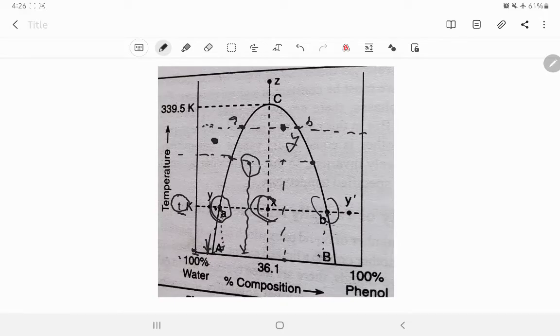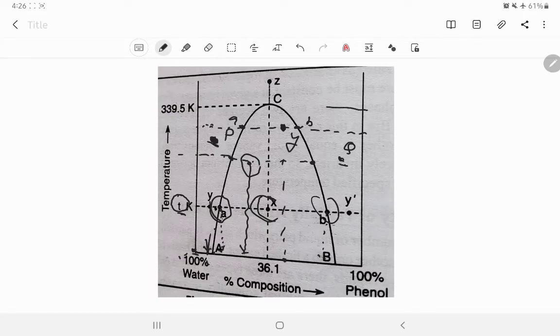What is this? Suppose we consider this point P. This is the unsaturated solution of phenol in water. Okay, water is more. And this point, suppose Q, represents unsaturated solution of water in phenol.